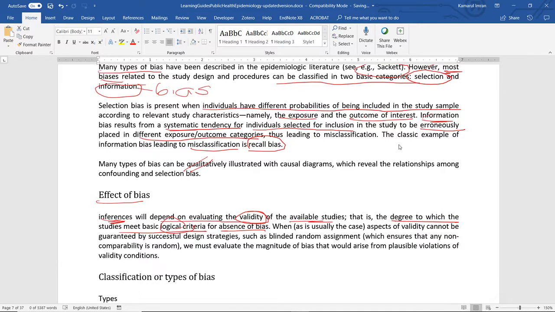There will always be bias, only a lot of bias or just minimum bias. When aspects of validity cannot be guaranteed by successful design strategies, right? For example, by using blinded random assignment, okay, we must evaluate the magnitude of bias arising from plausible violations of validity conditions.